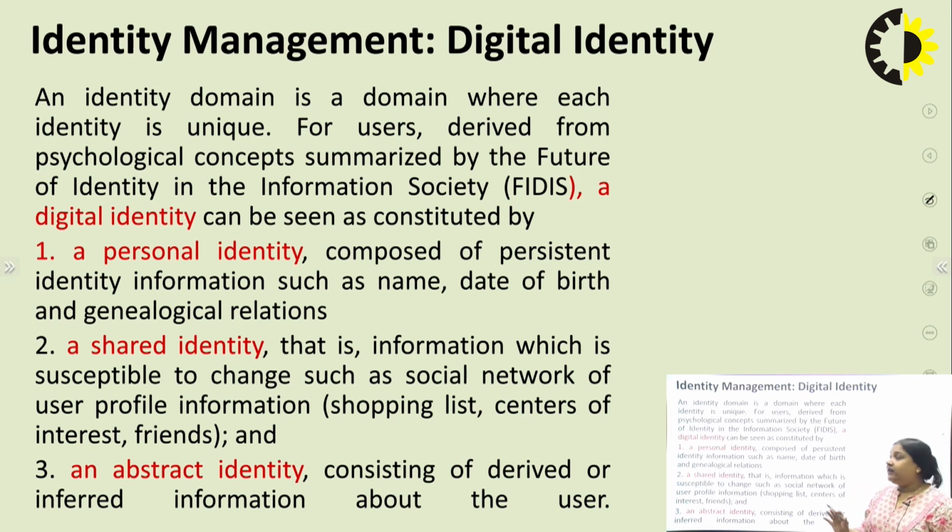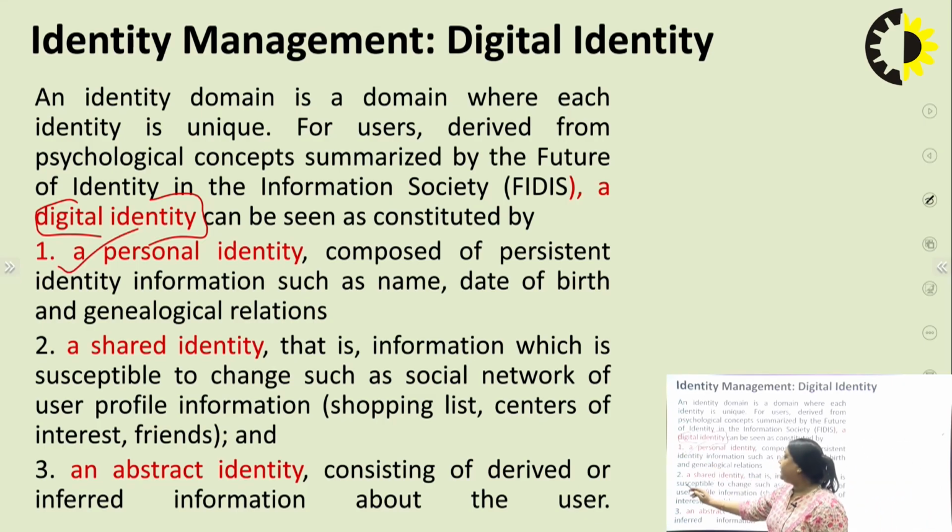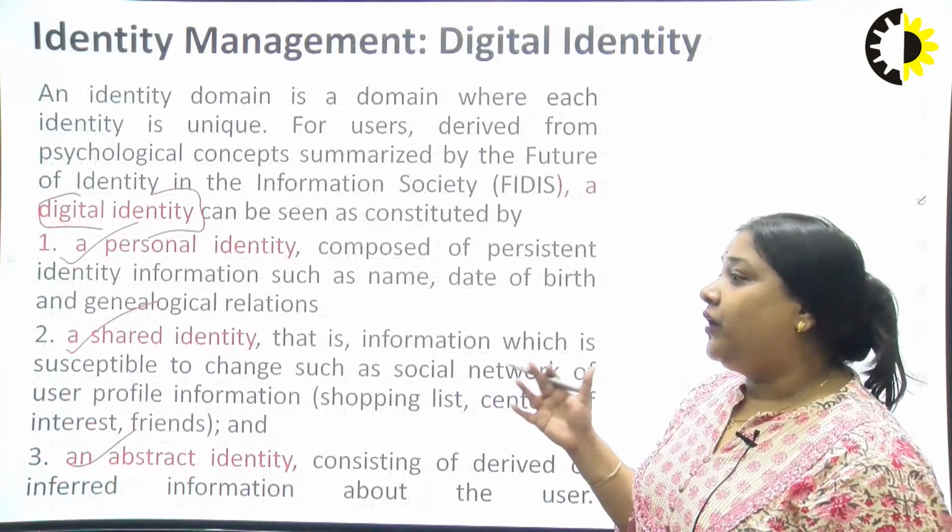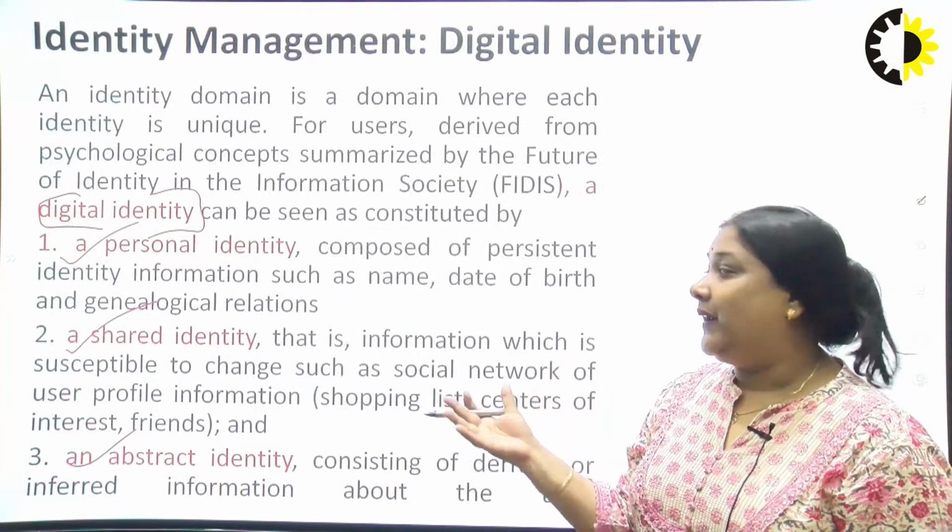So we can categorize digital identity into personal identity, shared identity, and abstract identity. First of all, personal identity is composed of persistent identity information, that is the name, date of birth, or the relationship of the person.